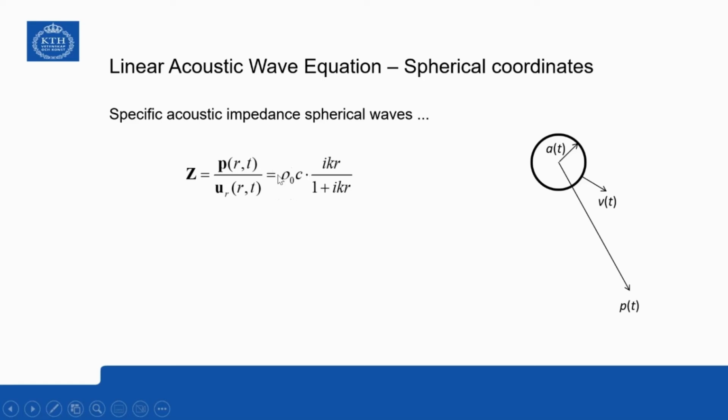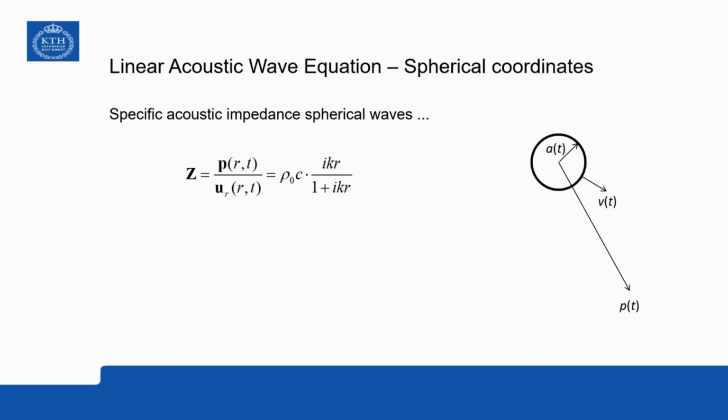exactly as for the plane wave, but then we have a factor here that depends on the distance and the wave number. Actually, the wave number k times the distance. And since we also have this imaginary unit here, this is a complex valued factor. And this is of great importance from the spherical wave characteristics compared to a plane wave characteristics.